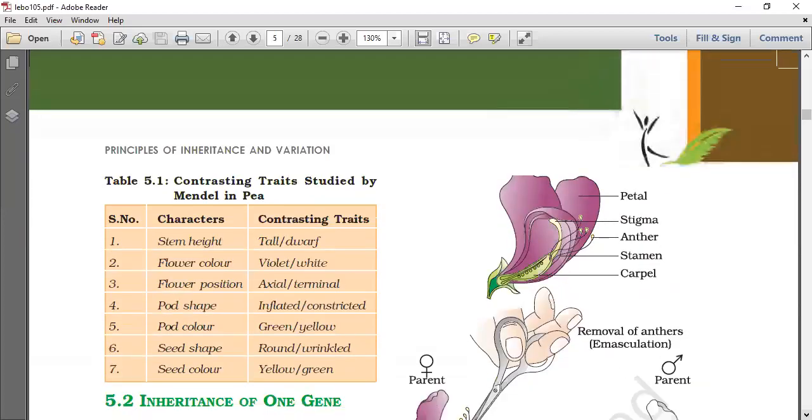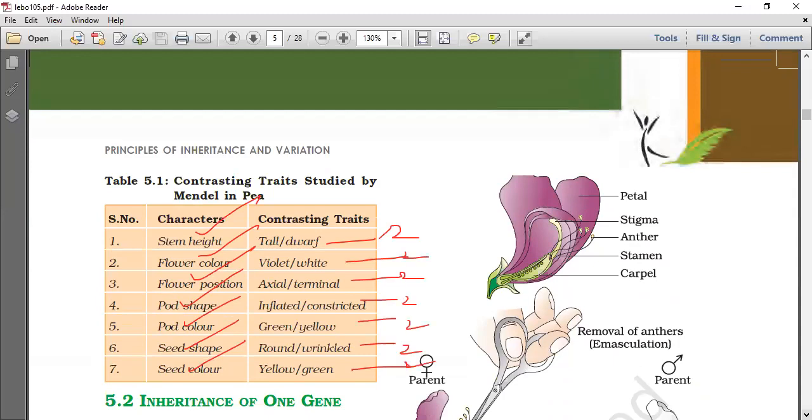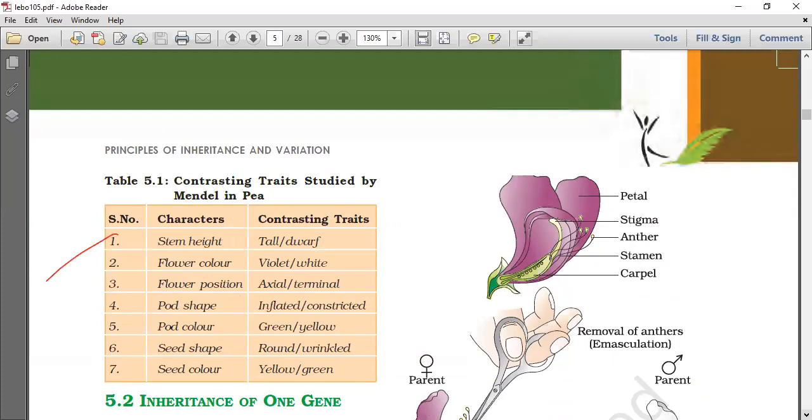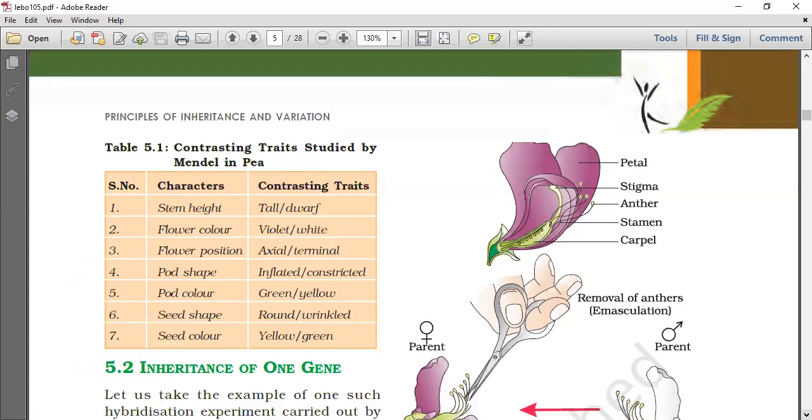The table shows 7 characters: stem height, flower color, flower position, pod shape, pod color, seed color. Each one has 2 allelic forms, so the total is 14. This is a table to be remembered. Among these, for experiments, we take stem height in the monohybrid cross, and seed shape and seed color in the dihybrid cross. Next, let's continue.